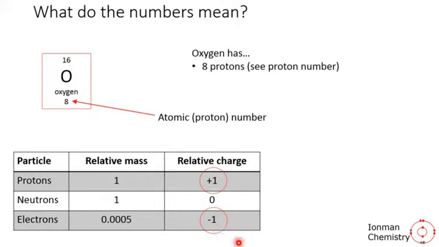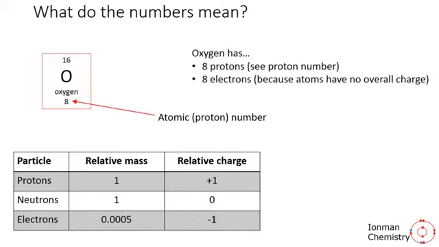Now, if each electron has a charge of -1, we're going to need 8 electrons to balance the 8 protons. So oxygen also has 8 electrons, and it's always the case that every atom has the same number of protons and electrons because atoms don't have a charge overall.